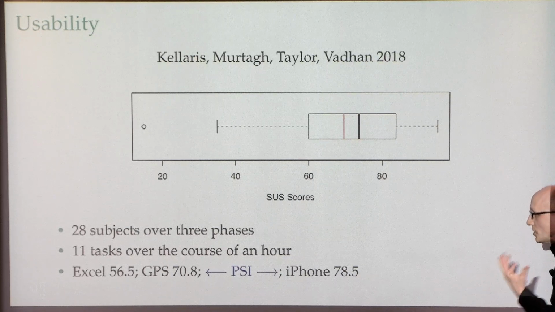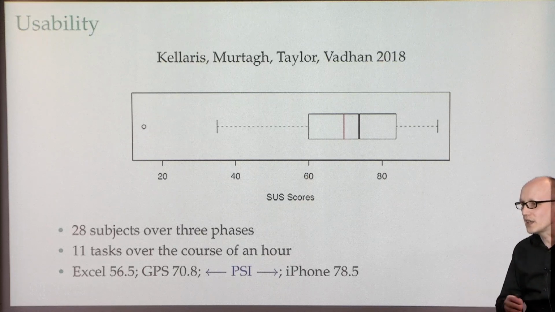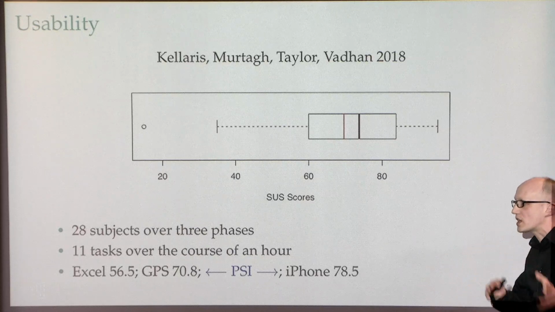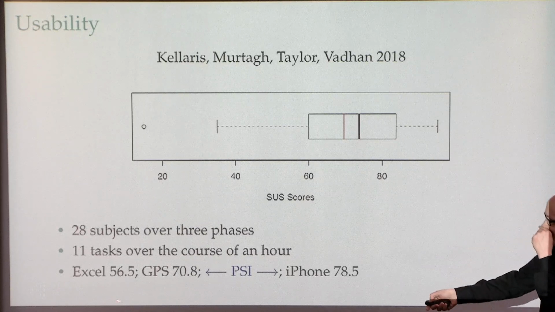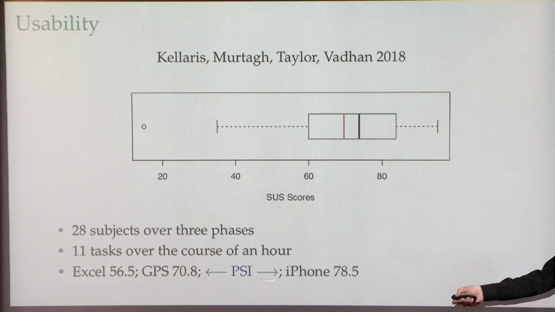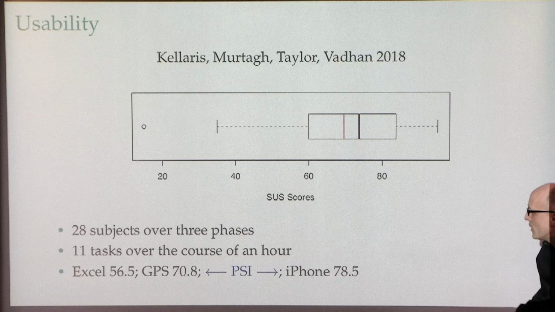There is this standard in usability out there called the System Usability Score, which is a way of comparing in some abstract way a certain set of dimensions of usability across platforms. Excel gets a 56.5 point scale on this thing. Your GPS probably gets around 70. We, depending upon our version, have been somewhere between your GPS and your iPhone.